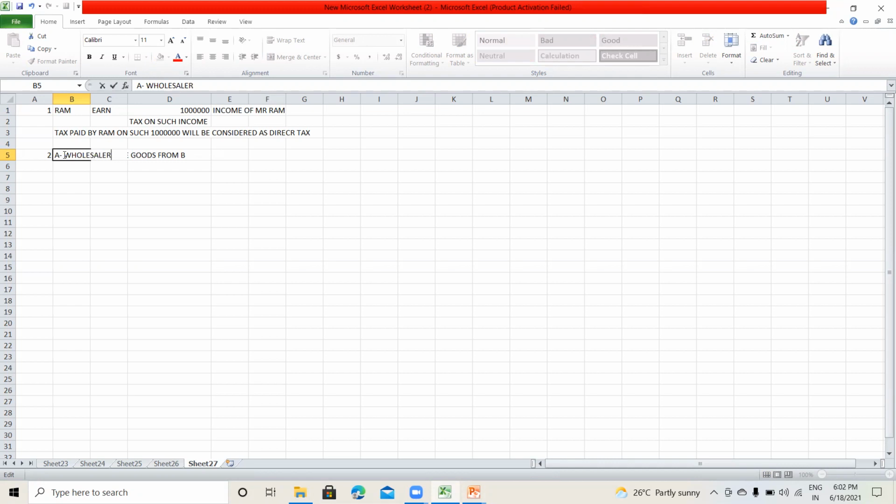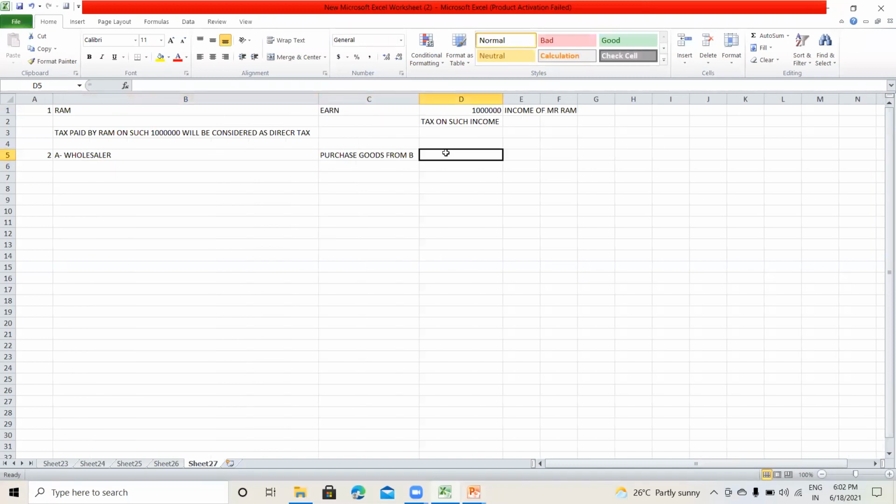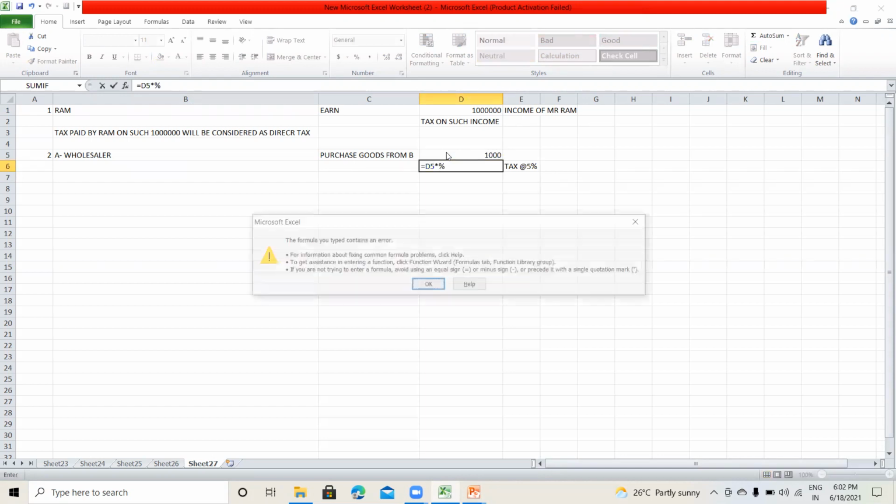Now the price of a product which is purchased by A is 1000 rupees. He will pay such 1000 rupees plus tax on such goods. For example, the tax rate is 5%. So he will pay the total amount: 1000 plus 5% tax.